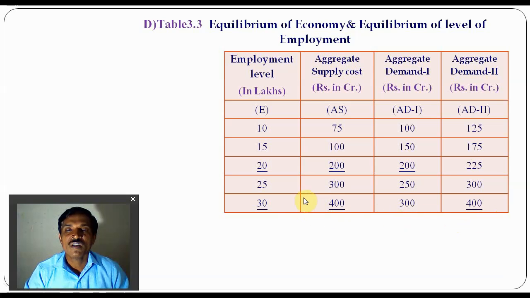So where aggregate demand is equal to aggregate supply is the equilibrium position. The first time it is 200 when 20 lakh employment is provided, and again with the change in demand, 30 lakh employment level is provided where the aggregate supply is 400 and the aggregate demand is 400.